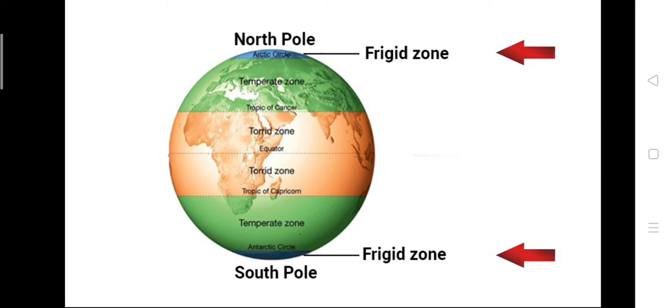The North Frigid Zone is in between the North Pole and Arctic Circle. And the South Frigid Zone, which is in the southern hemisphere, is in between Antarctic Circle and South Pole. So there are two frigid zones, one in every hemisphere.